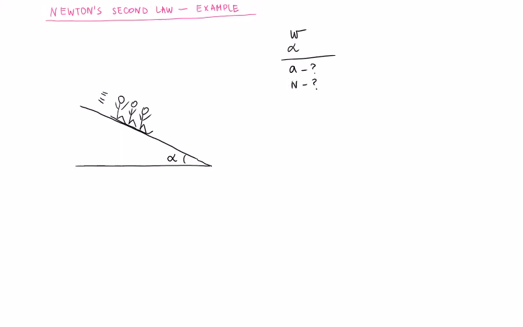The numbers are not given, but the weight is given and alpha is given to us. So our answers for acceleration and normal force have to be represented by W and alpha.